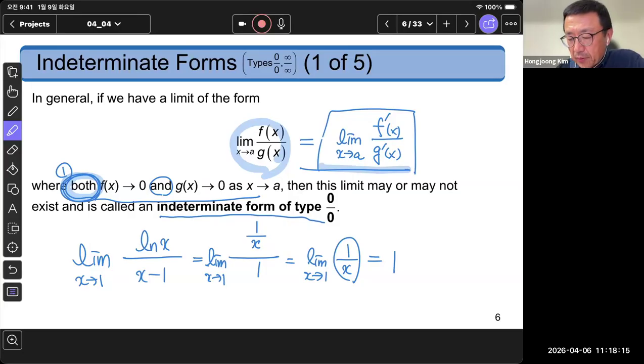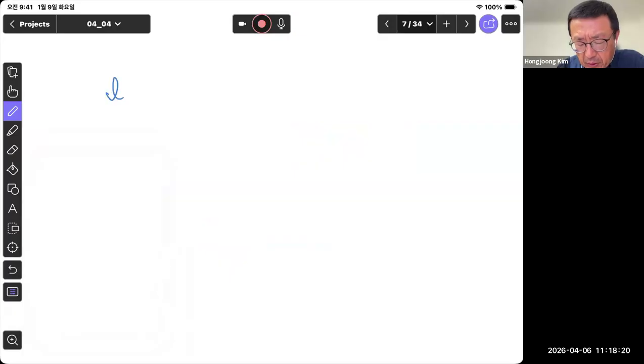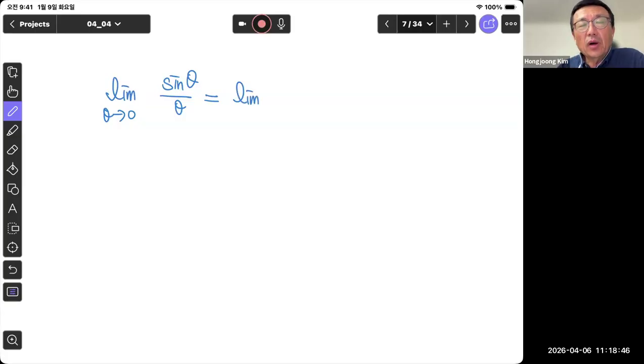Previously we considered one example, the limit of sine theta over theta as theta goes to 0. As theta goes to 0, both sine theta and theta go to 0. Please note that. So in that case, I can replace this limit by the derivative of sine theta, which is cosine theta, over the derivative of theta, which is 1.